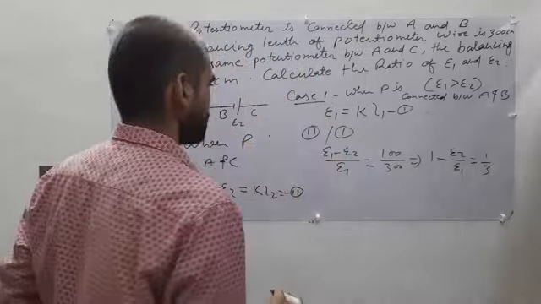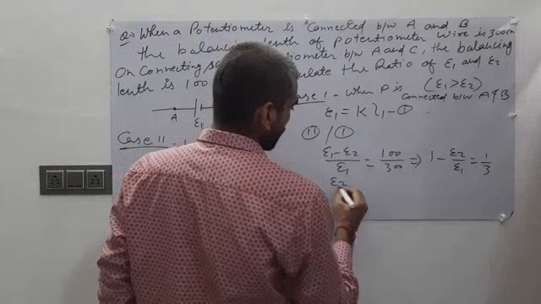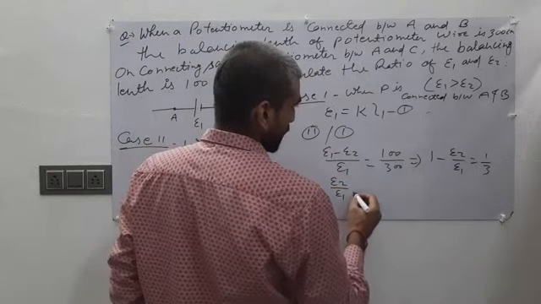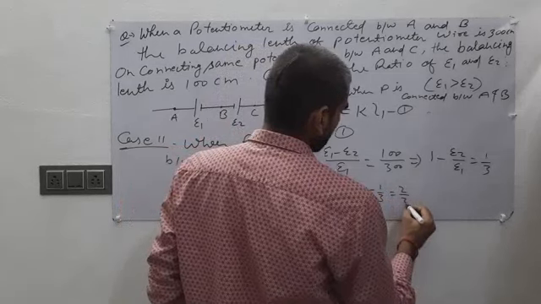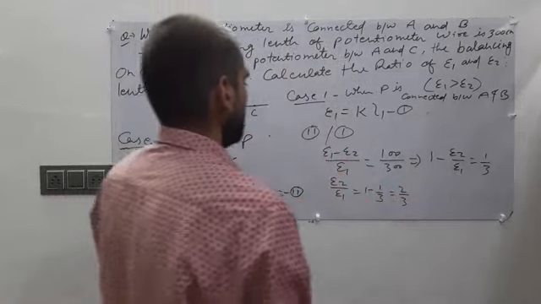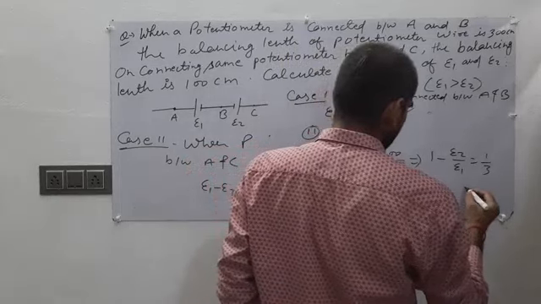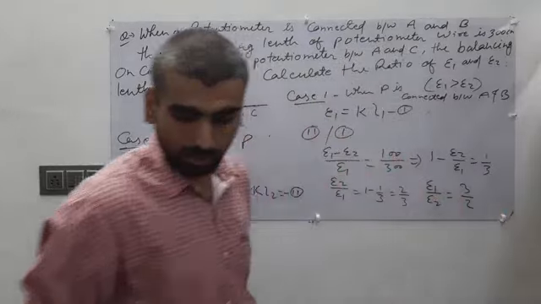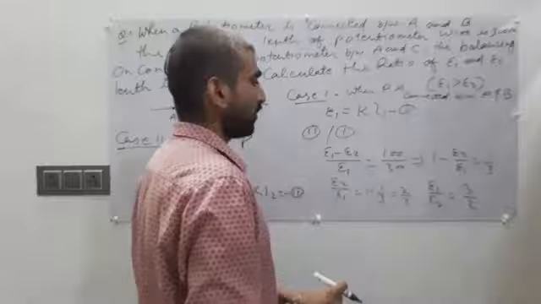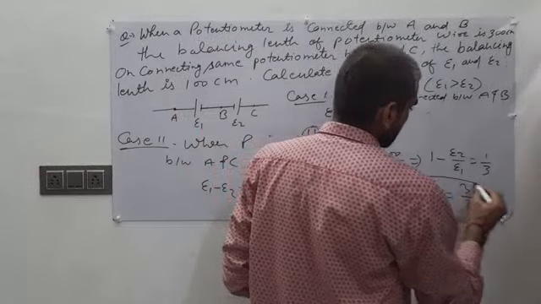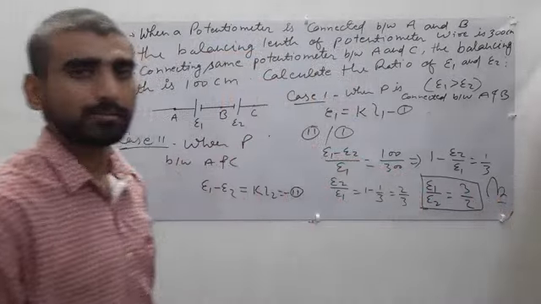Now if we take the ratio of E2 upon E1, it becomes E2 upon E1 equals 1 minus 1 upon 3, that means 2 upon 3. Now E1 upon E2 becomes 3 upon 2. So by this method we get the ratio of E1 and E2, which is 3 by 2. This will be your answer. I hope you understand.